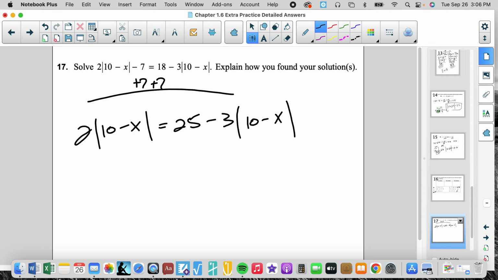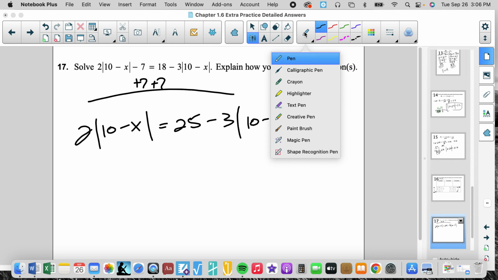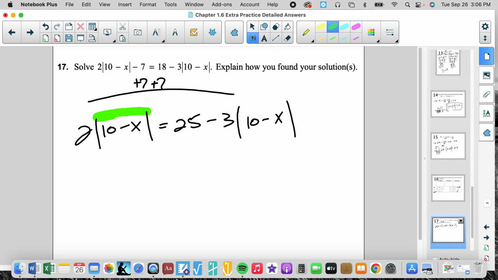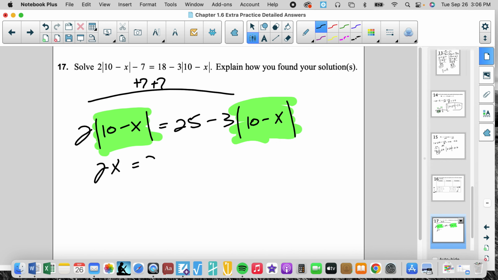Now, remember how I said look at absolute values as if they were variables. So these are the same. So that's like 2x equals 25 minus 3x, with x representing this idea.